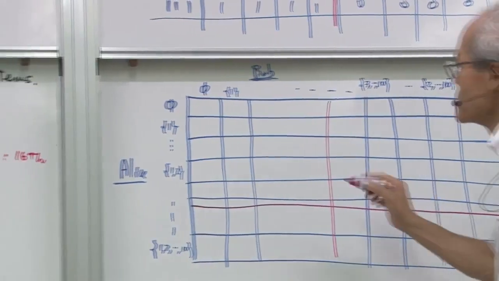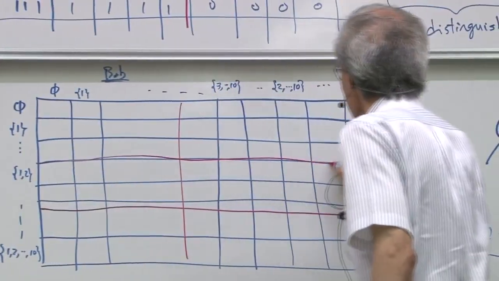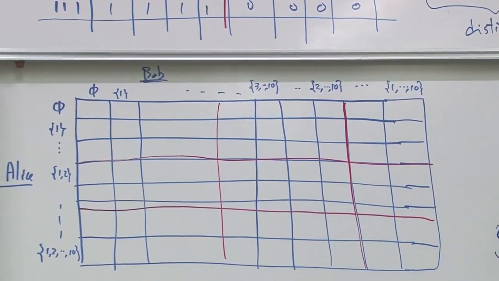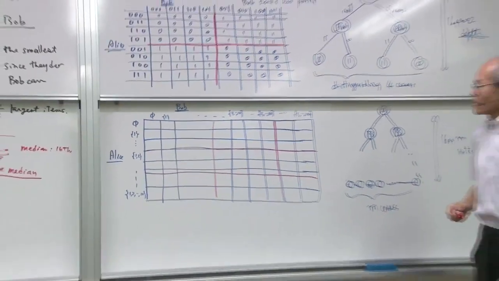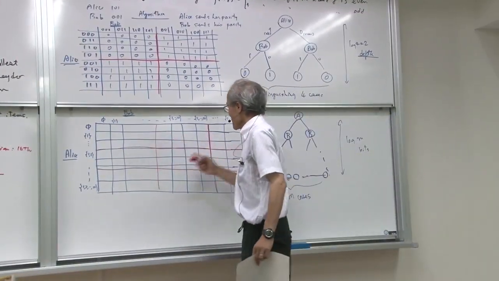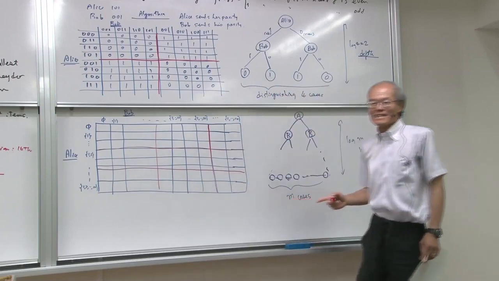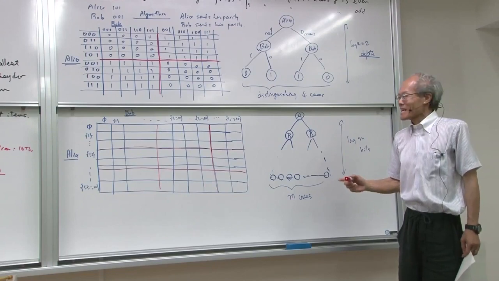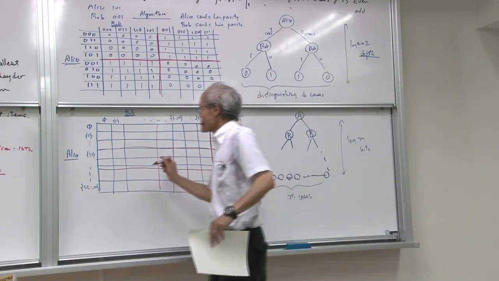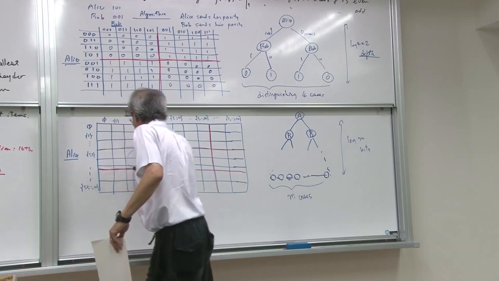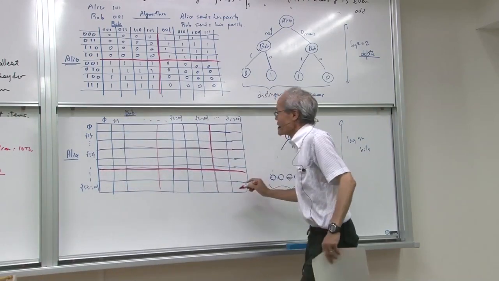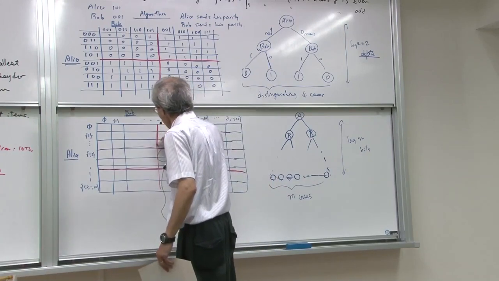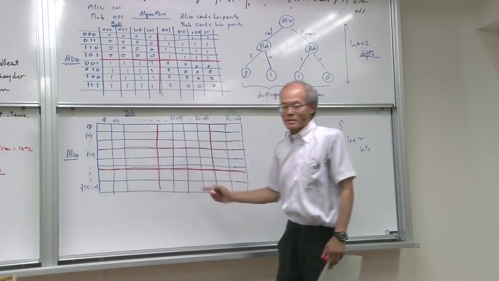Then Alice sends, maybe here, and Bob sends, like this. Now we have how many? It's a little bit complicated because this is the first divide, and then the second divide is here. So now we have four different parts.